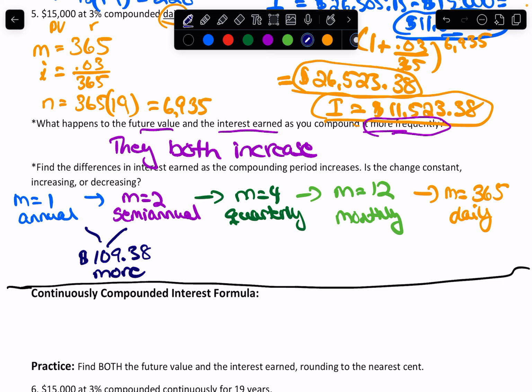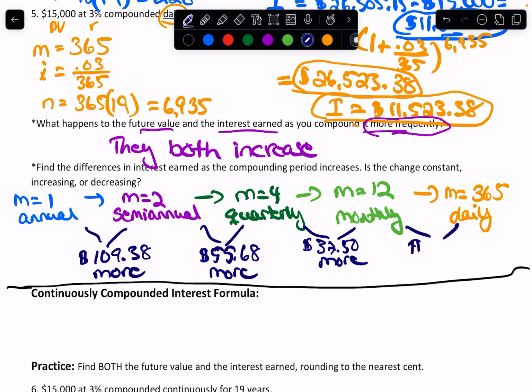Now, when we go from semi-annual to quarterly and we calculate the difference again for the interest, we get $55.68 more. The difference between quarterly and monthly is going to be $37.50 more. And monthly and daily, it's $18.23 more.